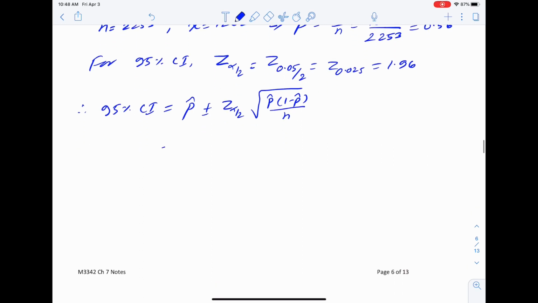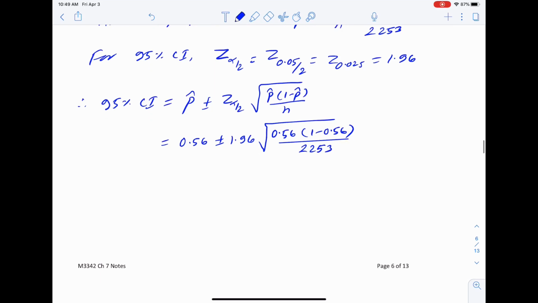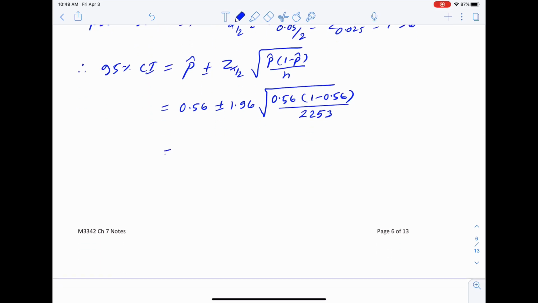Now we have all these values. So this is 0.56, this is 1.96, this is 0.56, 1 minus 0.56 over 2253.